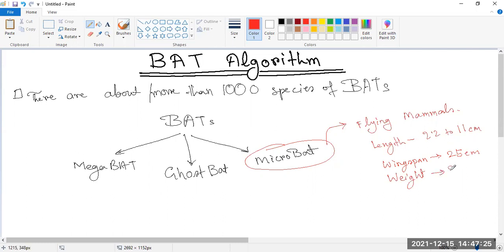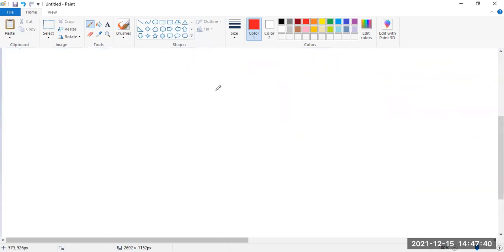Its weight is generally 3 to 5 gram, up to 150 gram. So we are talking about this microbat. You have seen this picture, and what is the basis of this bat algorithm? The basis of this bat algorithm is echolocation.